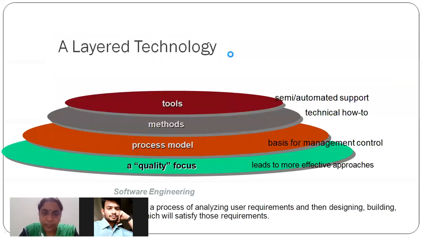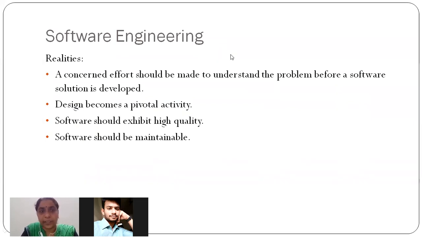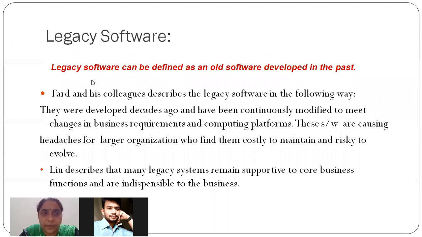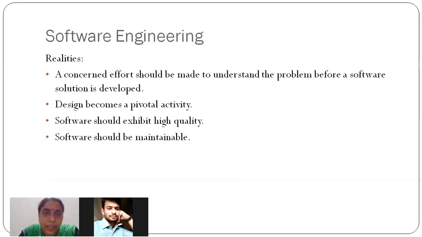So these are the things we need to keep in mind before going into the software engineering subject. So students, in today's class, we have seen one basic definition of legacy software. We roughly said that legacy software is older software developed in the past. And before going into software engineering, we need to consider some realities.